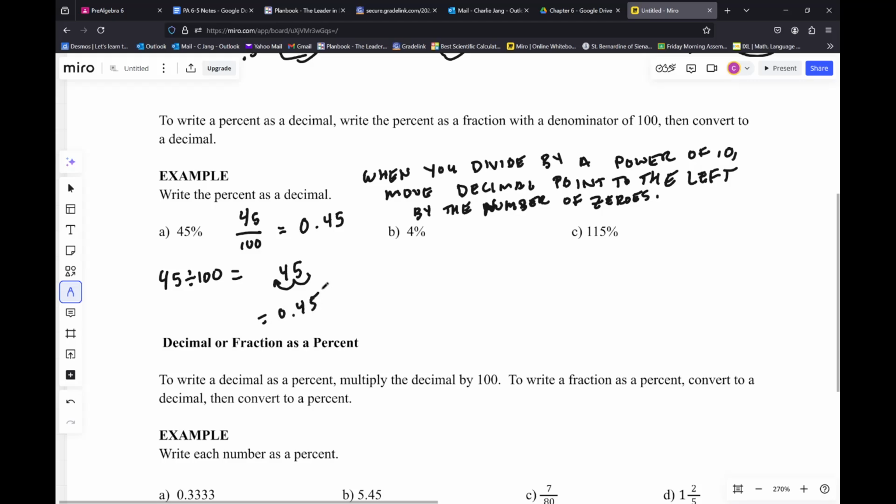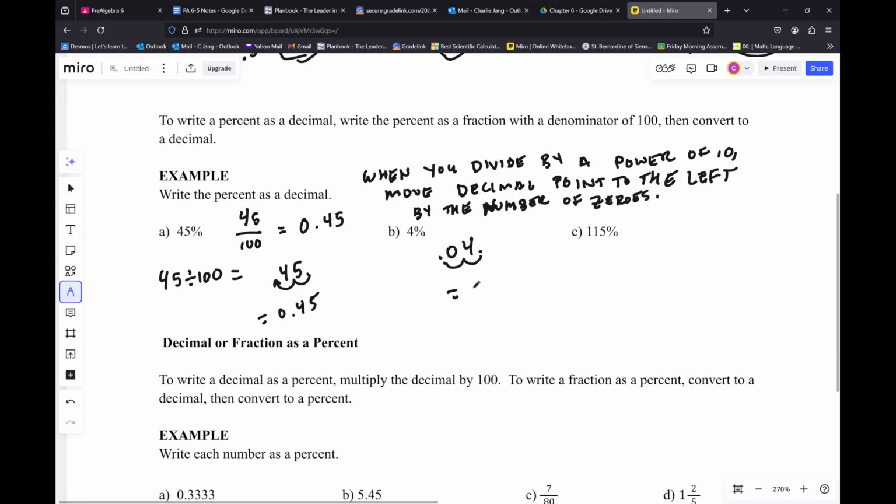And it is extremely simple to move from a percent to a decimal, and actually from a decimal to a percent. All you're doing is moving the decimal point 2 places to the left from percent to decimal. So we have 4% here. The decimal point is right here. We're going to move this 2 spaces to the left, right there. Notice that there's an empty space here, so we're going to put a 0 there.